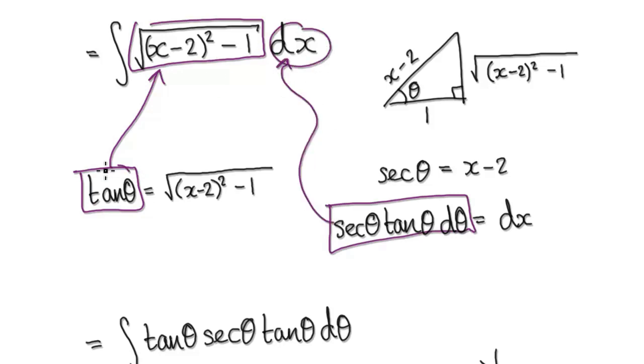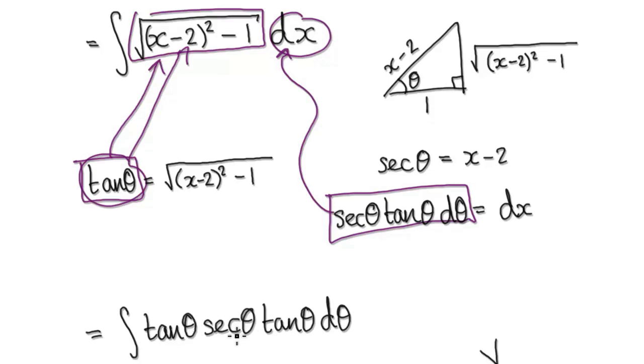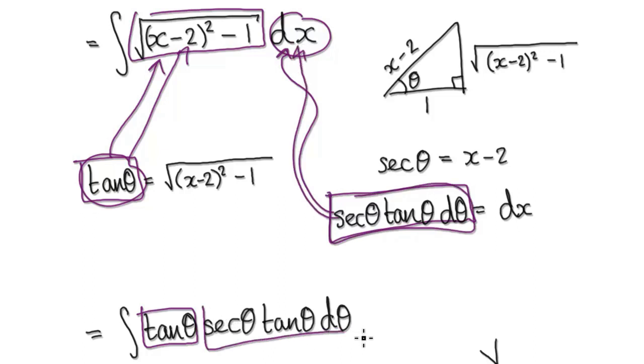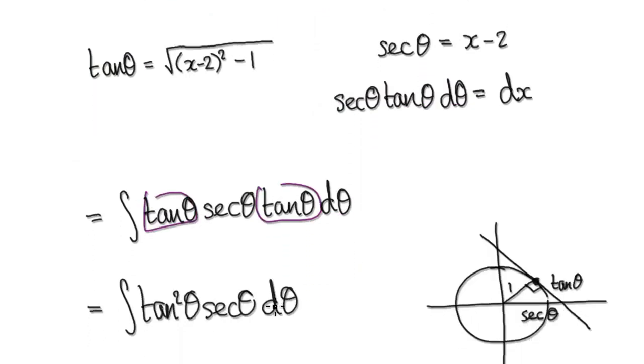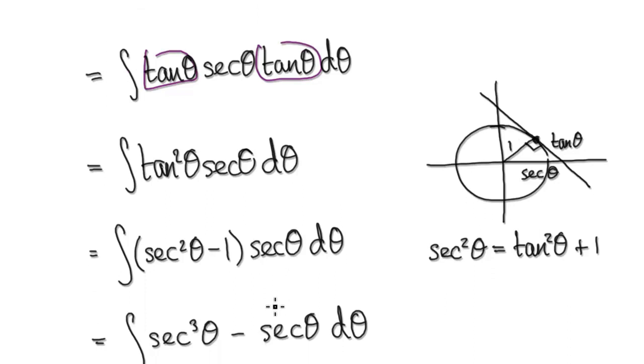Then if you put tan into here, that will then give you this. And then if you put this whole thing into the dx, that will then give you this whole thing here. So now you've got tan squared, and then you've got your secant here.